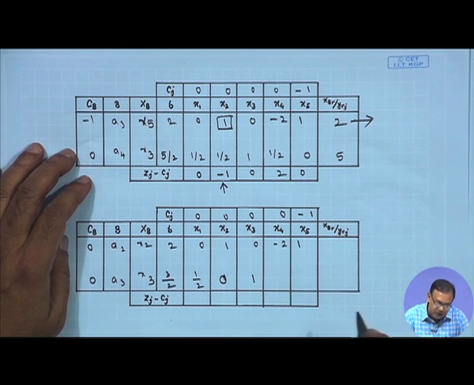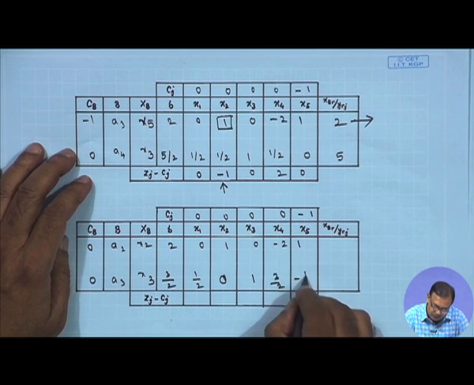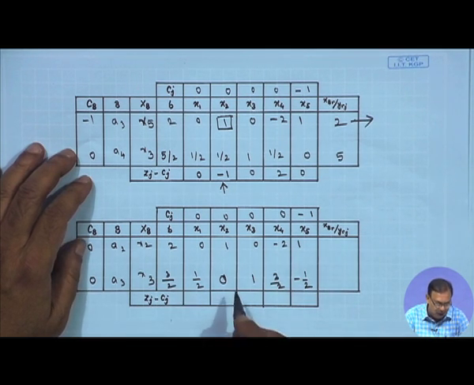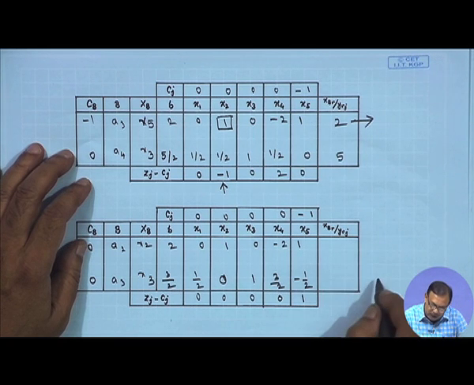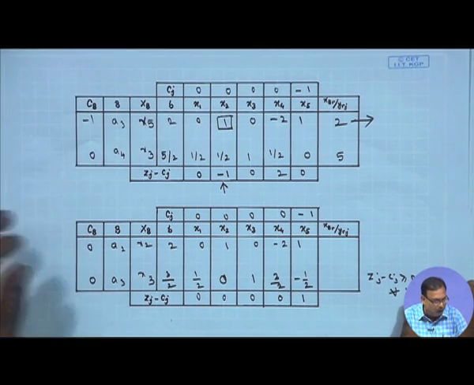So this is 0 1 3 by 2 and minus half. Now calculate the zj minus cj using the normal formula, you will obtain 0 0 0 0 and 1. Now in this case your zj minus cj is greater than or equal to 0 for all j.